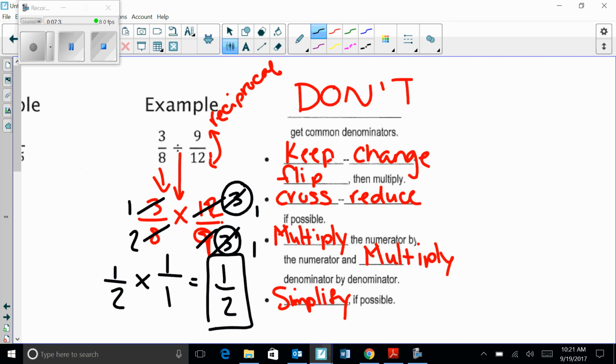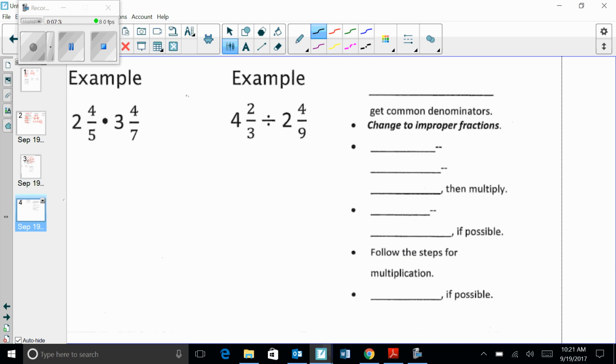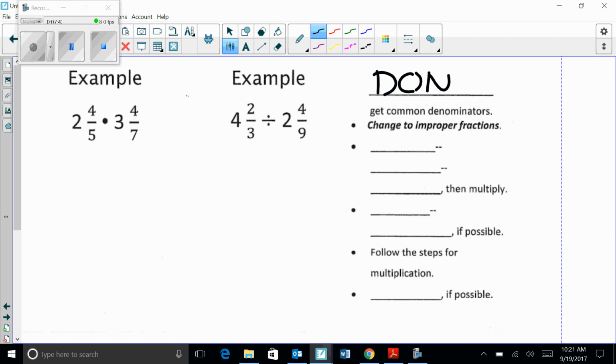Okay? All right, let's look at our last problem, our mixed numbers. So again, you don't have to get common denominator. And we have to still change to improper fractions. Anytime you're dealing with mixed numbers, you want to change them to improper fractions. We are still going to keep, change the sign, and flip my second fraction to use a reciprocal.